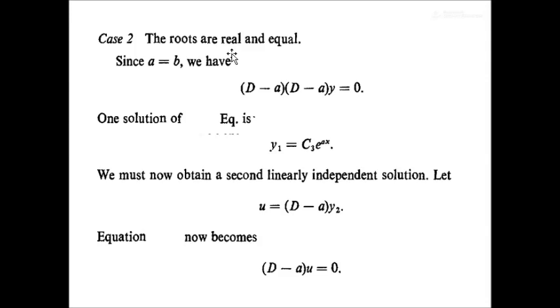If they are real and equal, then I can write (d minus a) into (d minus a) y equal to 0. So one solution of this differential equation must be e to the power ax with some constant. Now if this is the solution, then the second solution will be u equal to (d minus a) y2.